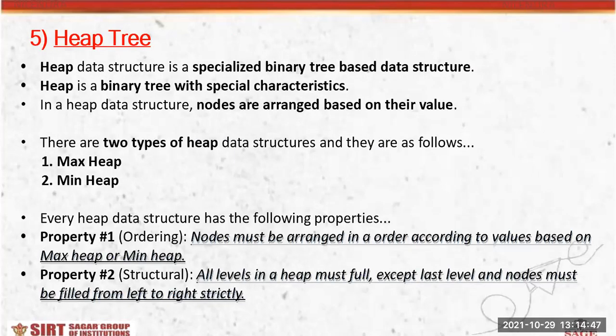Now coming to the heap tree. What is a heap tree? A heap tree is a specialized form of the binary tree data structure, a binary tree with specialized characteristics, such as nodes being arranged based on their values. Once I arrange those nodes according to their values, I get two types of heap trees: one is the max heap tree, the second is the min heap tree.